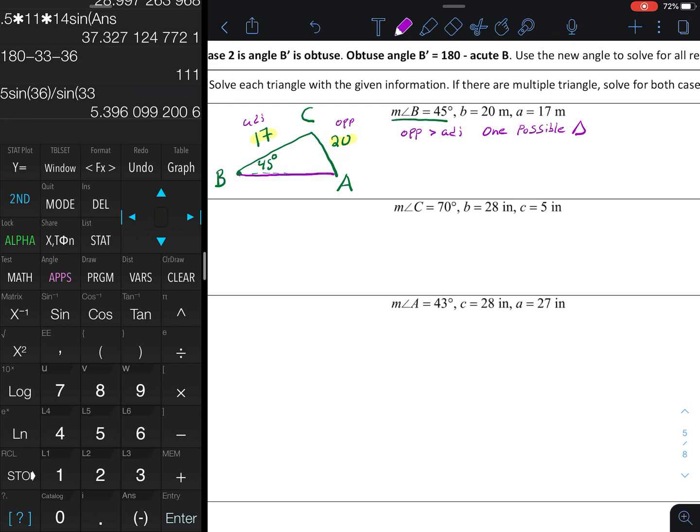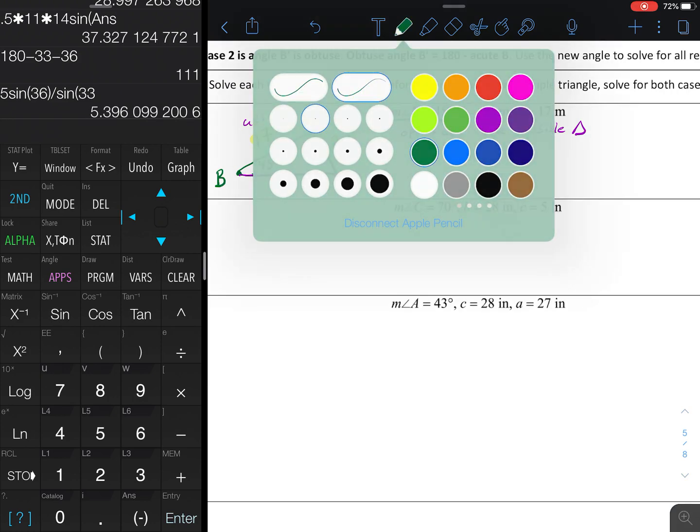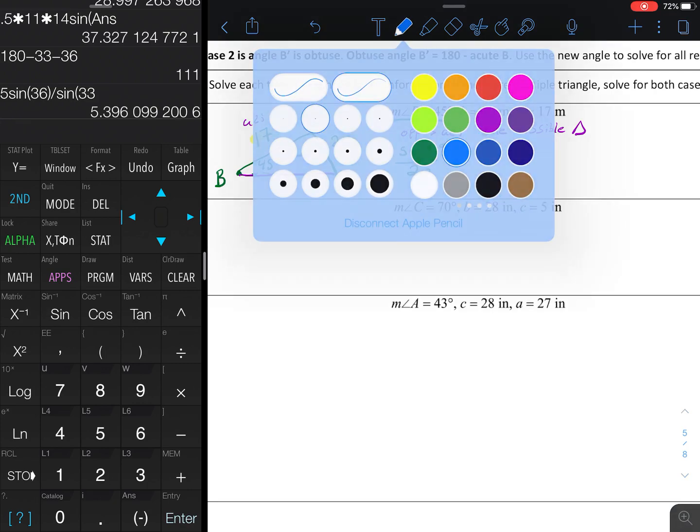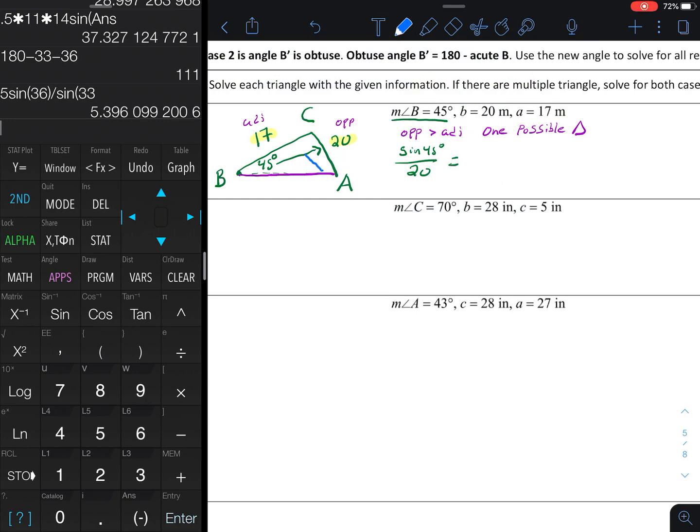So I'm just going to finish solving this problem using law of sines, where I say, okay, let's go find the other information. So we can say sine of 45 divided by 20 is equal to, now we'd have to solve for A next, because we have its opposite side of 17, so sine of A divided by 17.